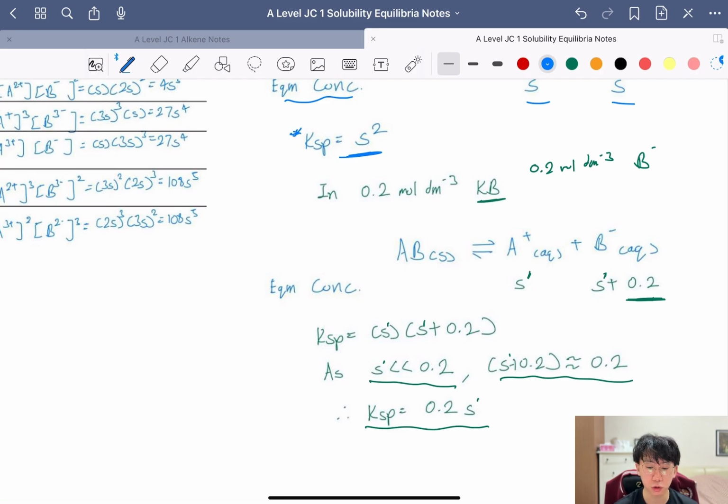So if you look at the two Ksps, one is S squared and the other is S prime times 0.2, you would see that because solubility is much lower than 0.2, S prime is definitely lower than S. Therefore, the solubility of your salt will decrease when you have a common ion.